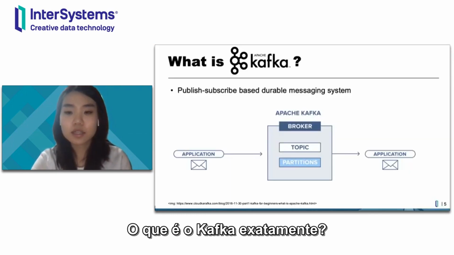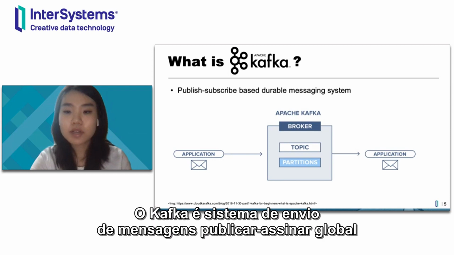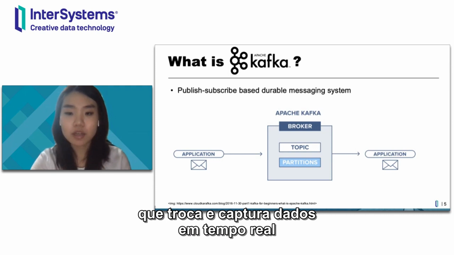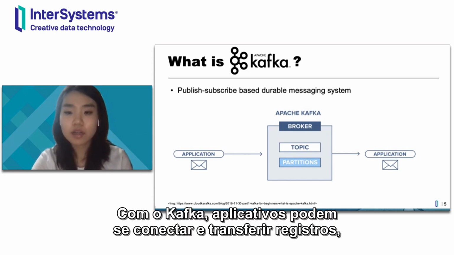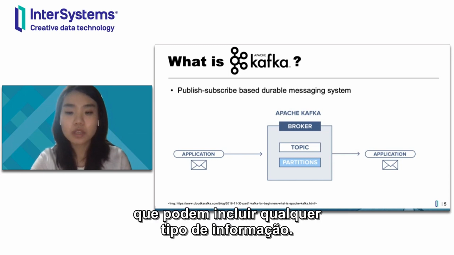So what exactly is Kafka? Kafka is a publish-subscribe-based durable messaging system, exchanging and capturing data in real time between processes, applications, and servers. With Kafka, applications can connect and transfer a record, which can include any kind of information.